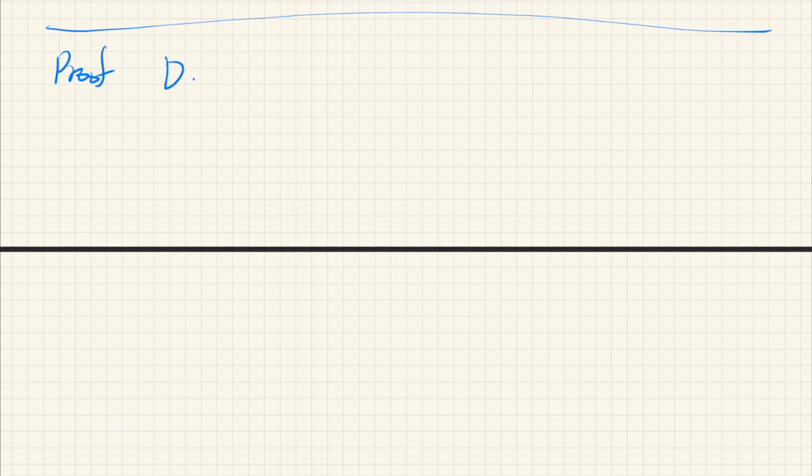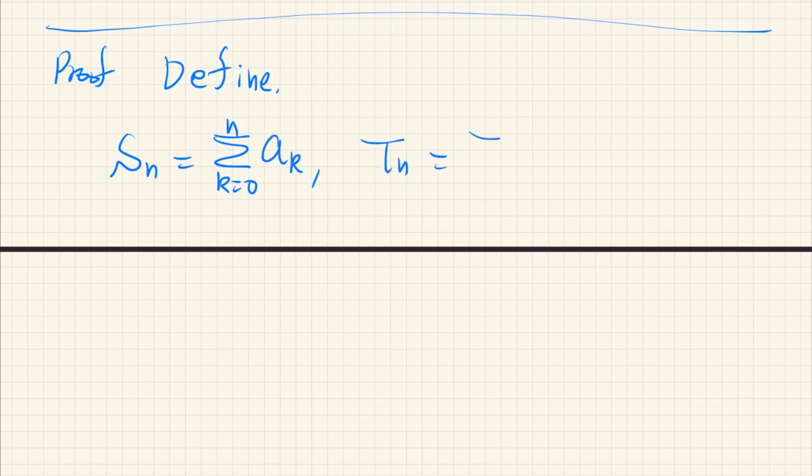First, let's define the partial sums. Let's say Sn is equal to the partial sum of a's, the sum of ak up to n, and Tn is the partial sum of b's, the sum of bk. By assumption, we're assuming these converge to some finite real numbers.